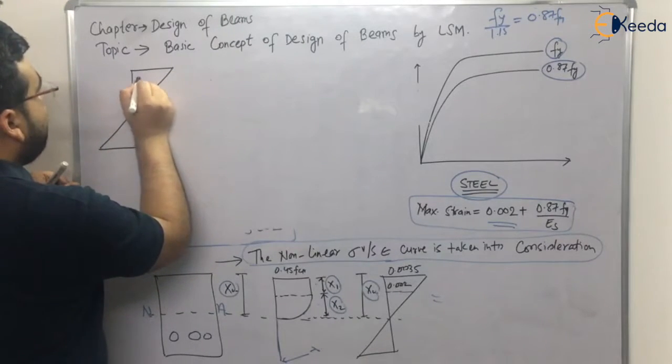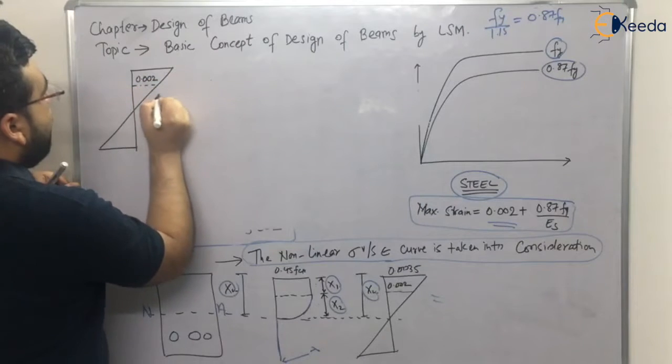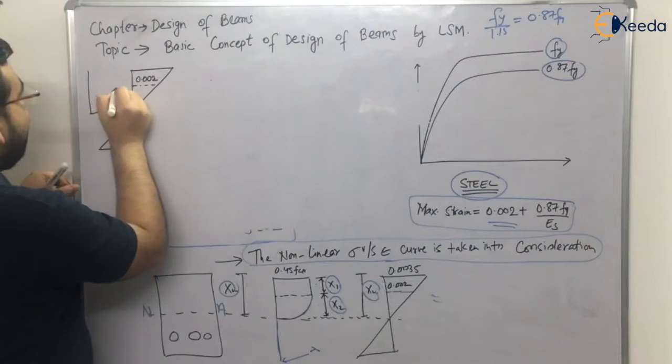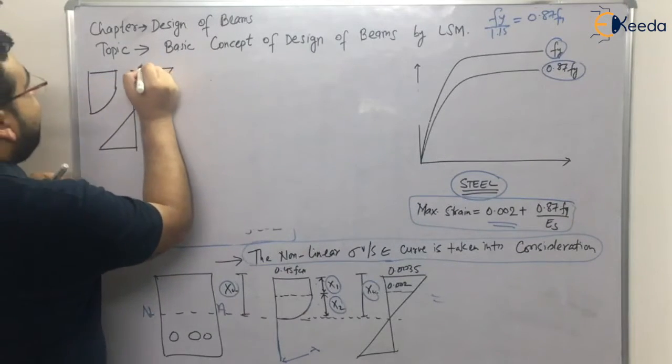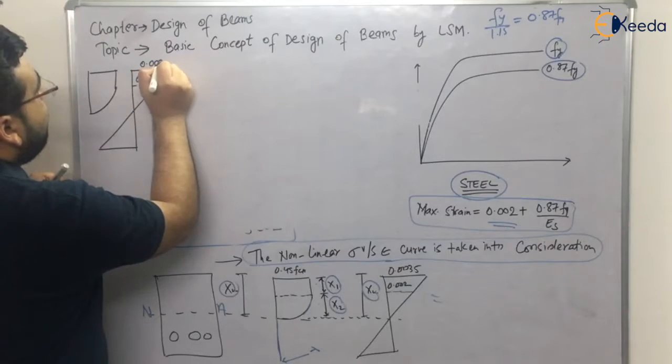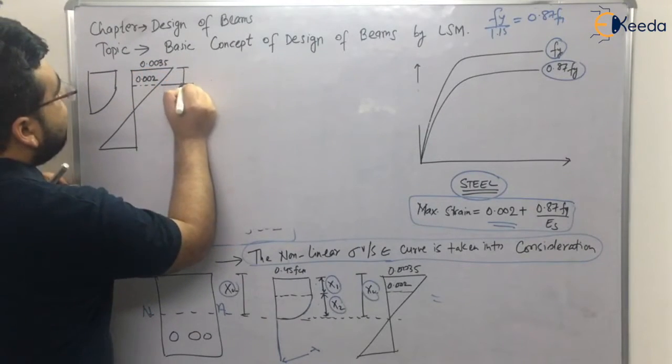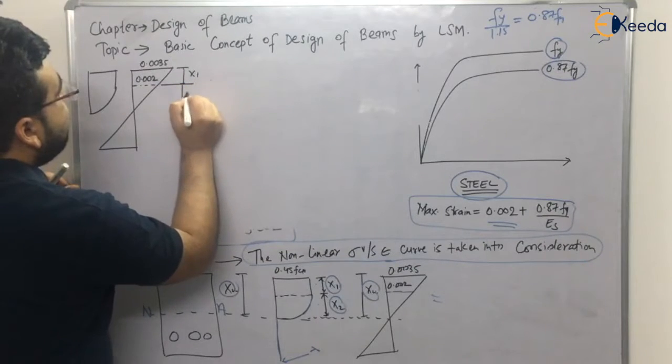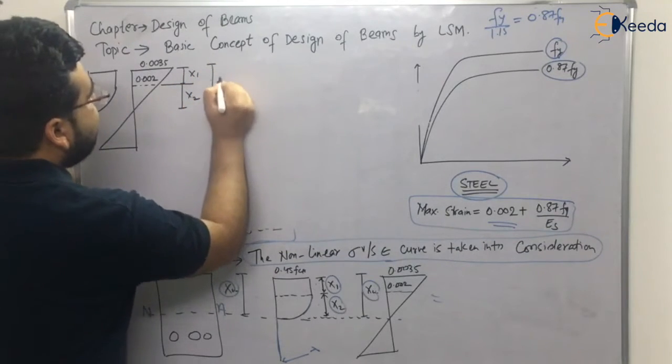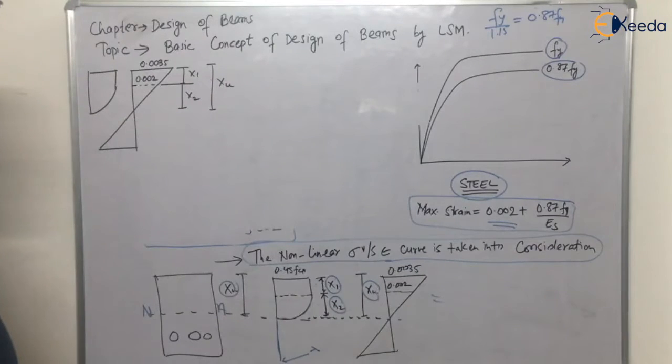Up to here it is 0.002, up to which the stress curve is parabolic, and after that it is straight, and here it is 0.0035. Let us say that this distance is x1 and this distance is x2 and the total distance is xu. Clear?